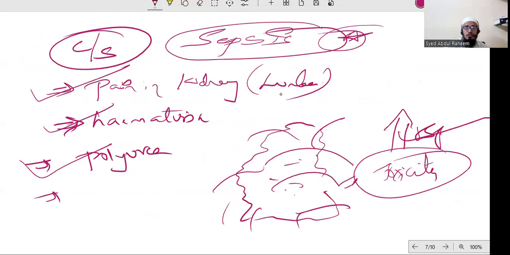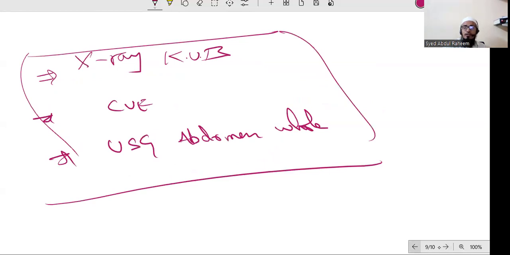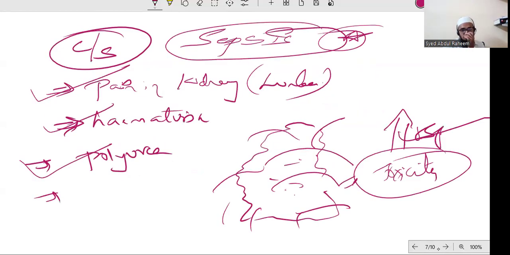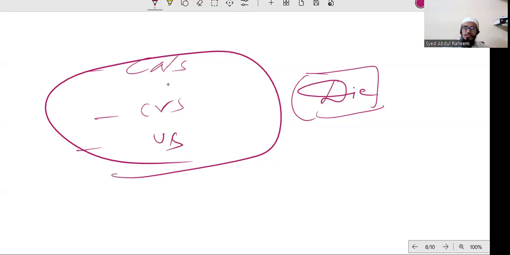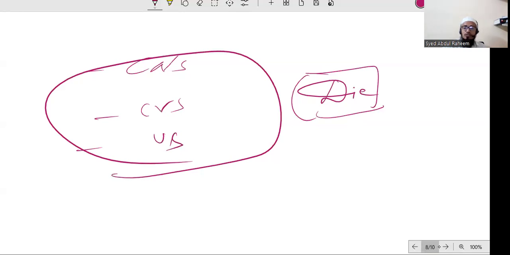The clinical symptoms are pain in the kidney region, hematuria, polyuria. If it breaks down, toxicity will lead to very serious issues like sepsis, and your CNS, CVS or urinary system will be damaged. Then the patient will die. Initially it is not a serious issue, but gradually it will become serious.